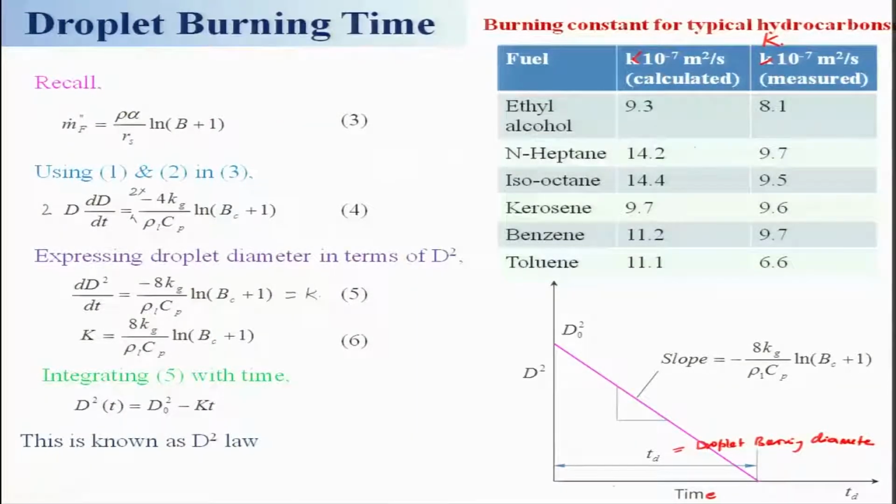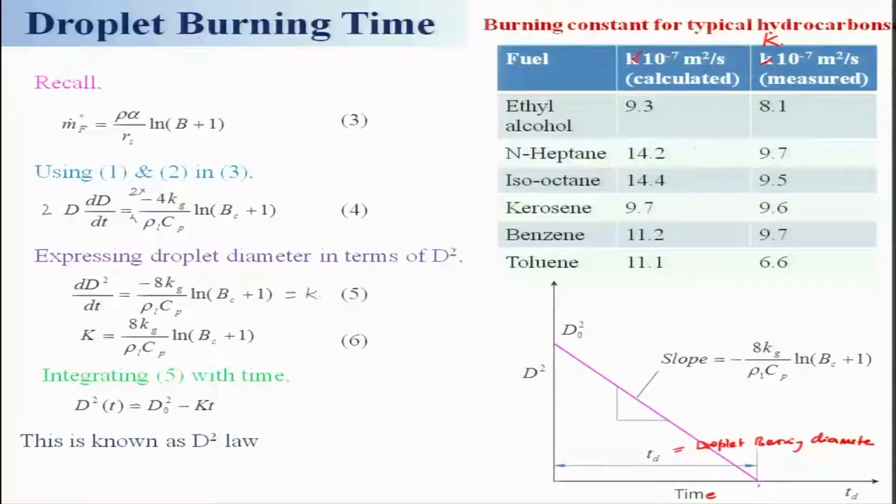Now, you will have to evaluate how much time it will take. It looks to be linear, but actually it is not linear because it goes by d square. So, you cannot simply calculate, let us say, a 100 micron droplet that has gone, let us say, 2 seconds, and then go for a 1 mm droplet. No, it is not that way. So, that has to be taken care of, and it is very important to evaluate this TD.